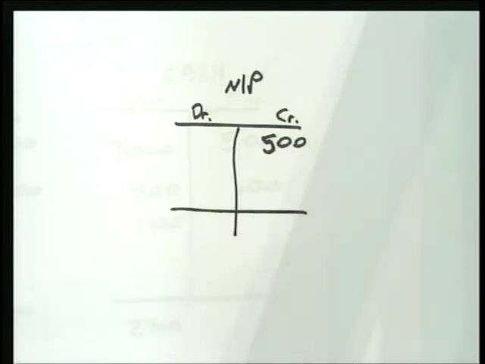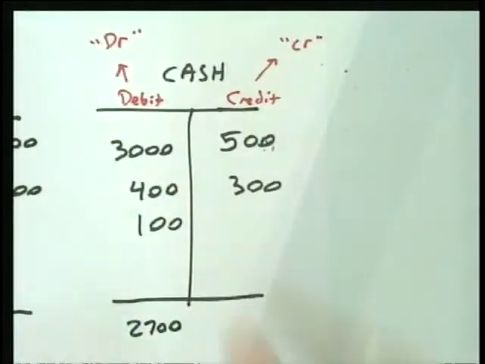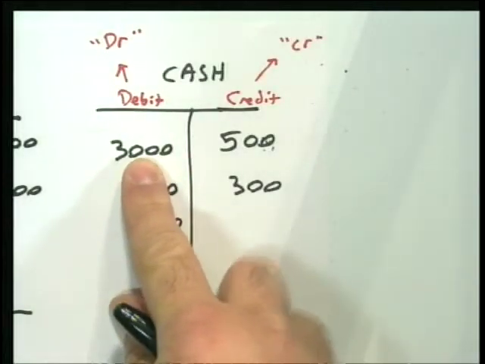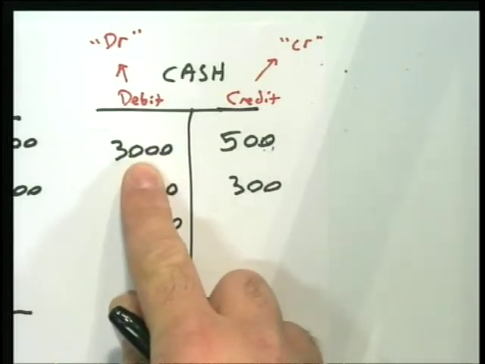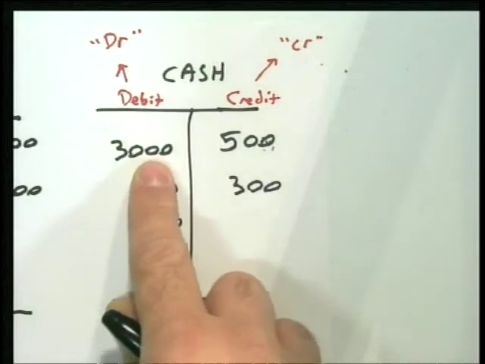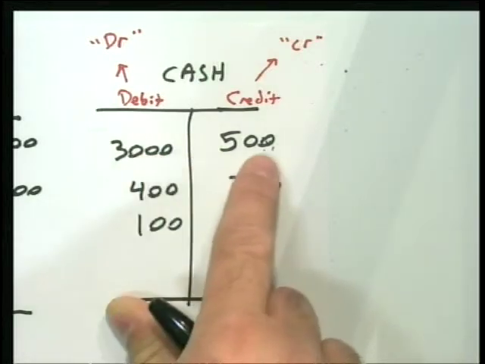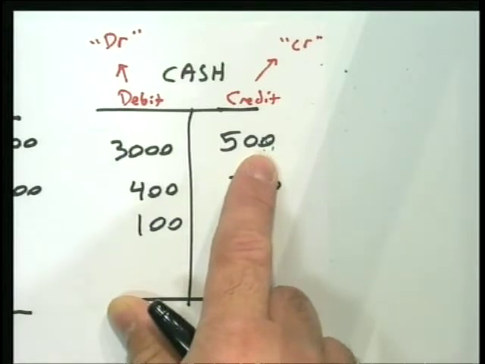If you write something on the left side of a T account, that is called debiting the account. You with me? So when I wrote that 3,000 there, I am debiting cash for 3,000. When I wrote that 500 for cash, I am crediting cash for 500. Are you with me?